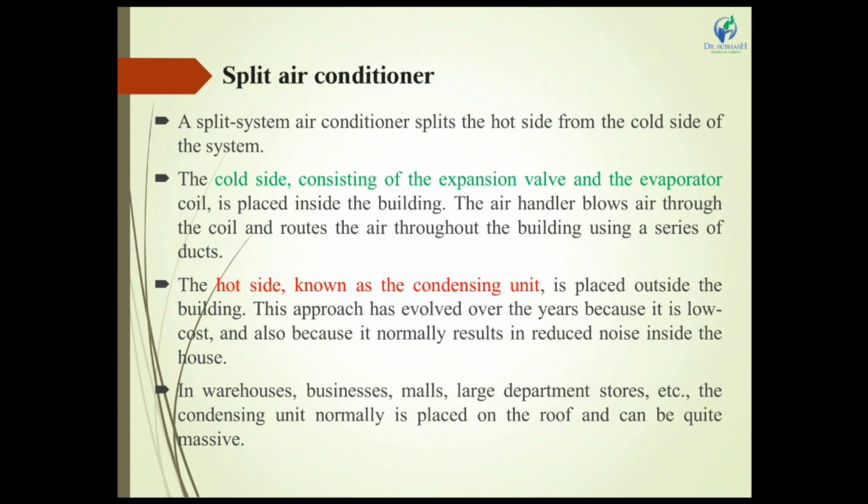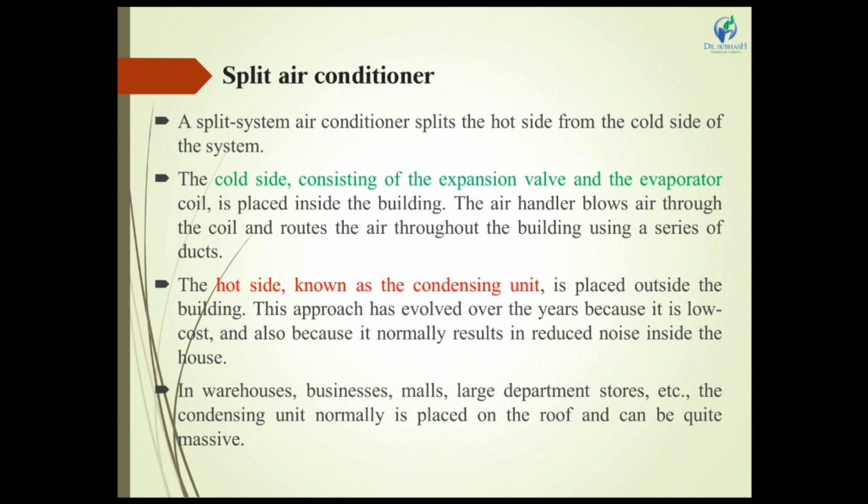Next is the split air conditioning system. Nowadays, most commercial, domestic and industrial places use a split air conditioning system because there are four components: two components inside the room as the indoor unit and two components outside as the outdoor unit.